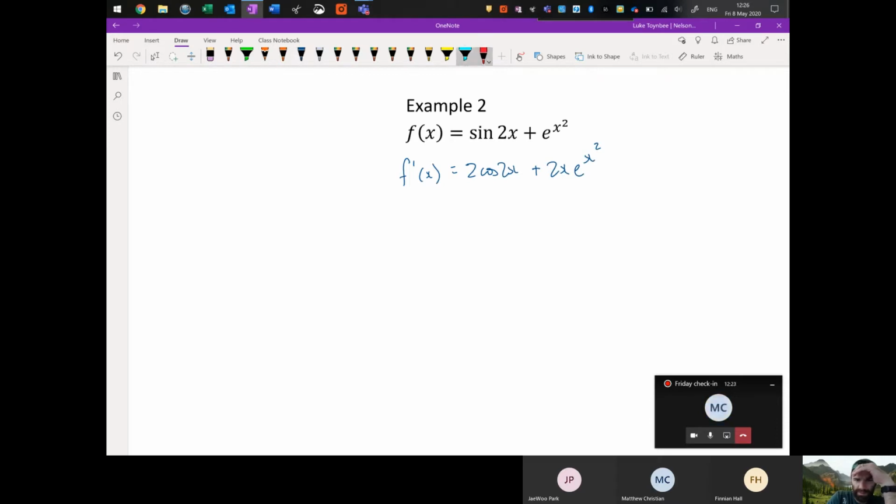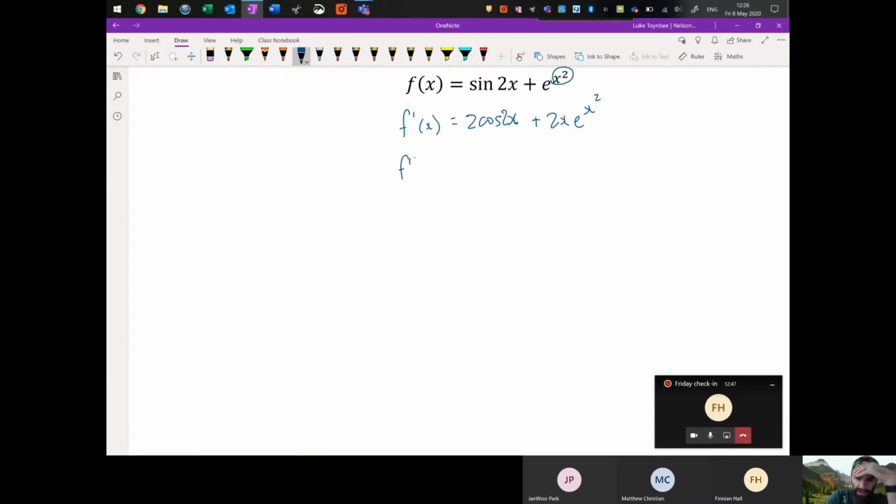If I differentiate sine 2x, do I get 2 cos 2x? Yes, because you use the chain rule. Make sure you have a little go at the trig ones, because you do use the chain rule and then differentiate that 2x.